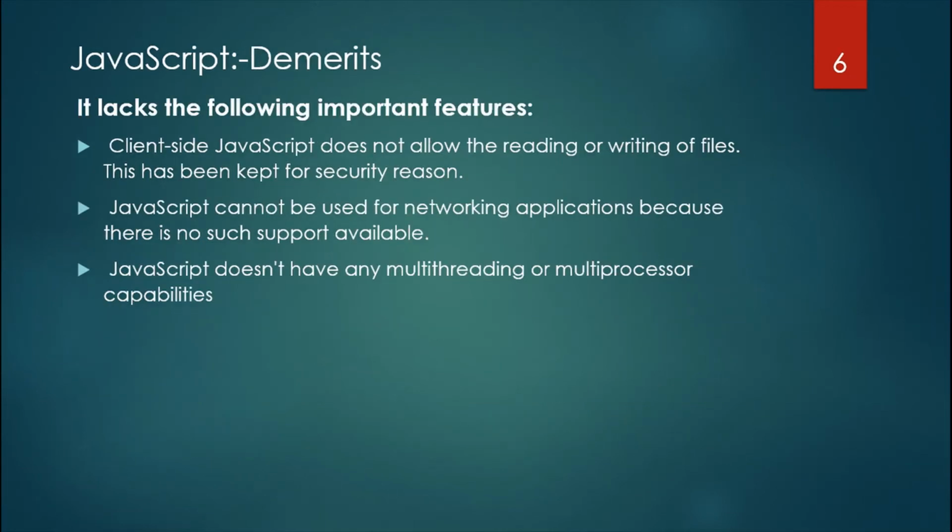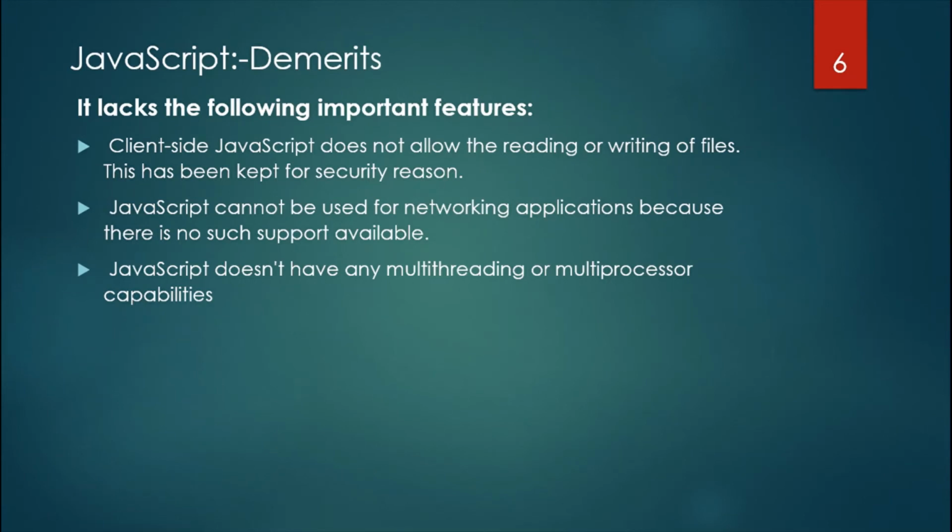What are the demerits? It lacks the following important features. Client-side JavaScript does not allow the reading or writing of files. Yes, this has been kept for security purposes. Because if we had that feature, then anybody could update or change our website or have control over our website.